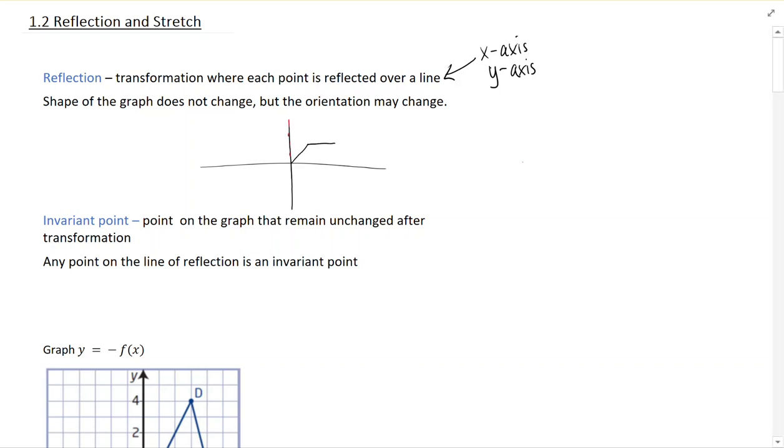It might reflect over the y-axis, so it's going to flip over and look something like so, or it might flip over the x-axis, if that is the flipping line, and you'll have a reflected image that might look like that. Okay?